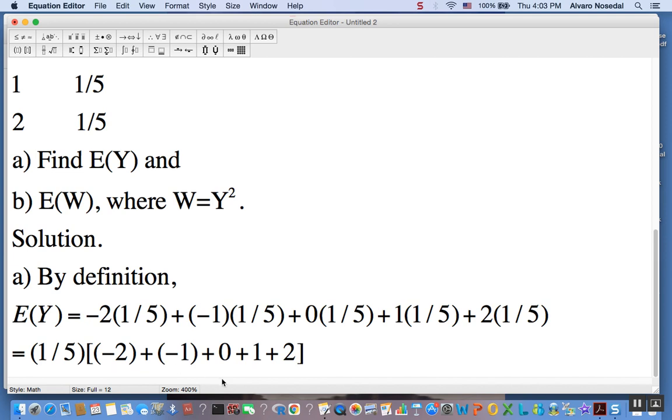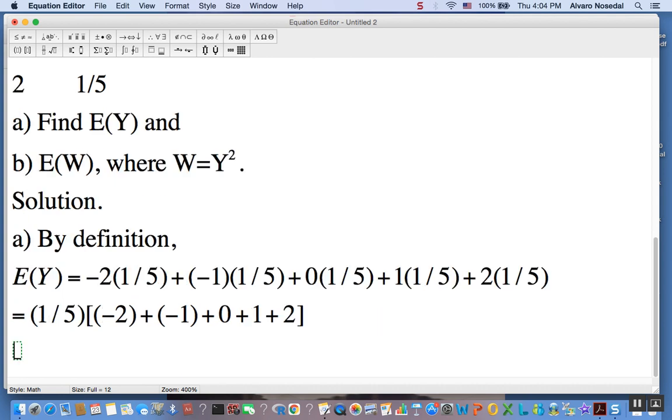You agree that this is equivalent? We are just factoring out that 1/5. Note that -2 and 2 cancel out, -1 and 1 cancel out, and we have a 0 here, so this is 0 times 1/5. What we end up with is that the expected value of y is 0.